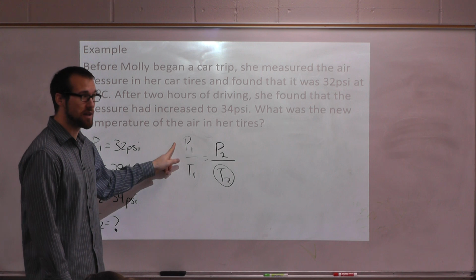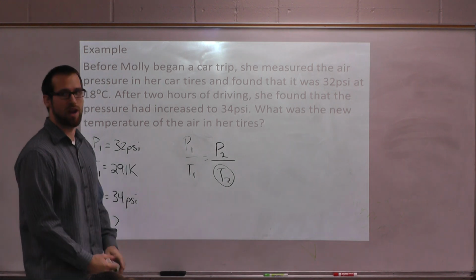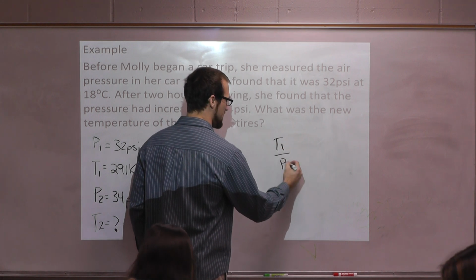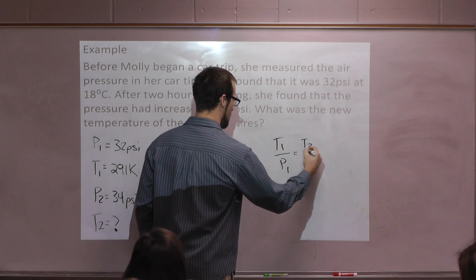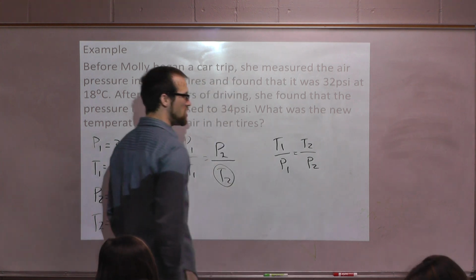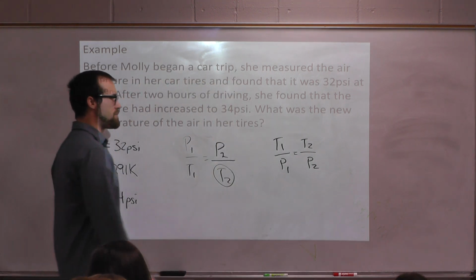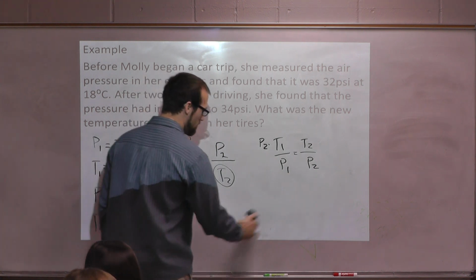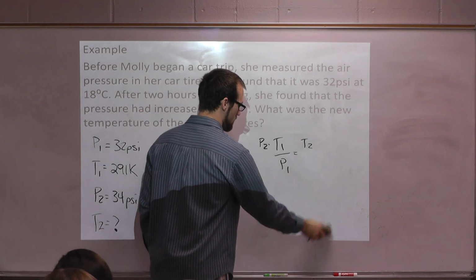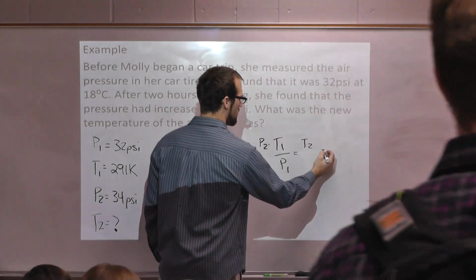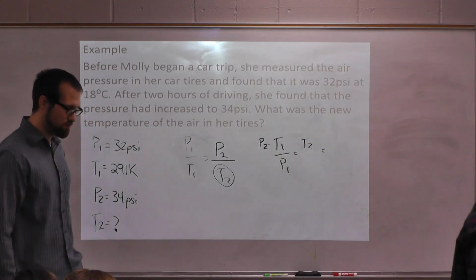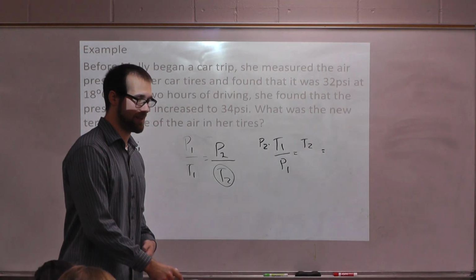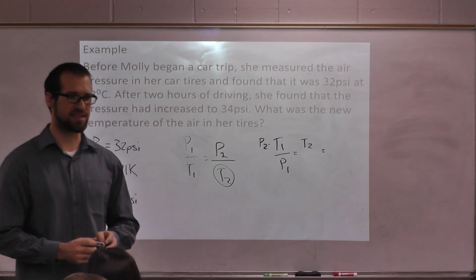There are 3 ways you can do it. Whatever you feel is the easiest. I find that just taking the reciprocal is the easiest. It's up to you. Then you would multiply by P2. Your answer when you do that should be 310 Kelvin.